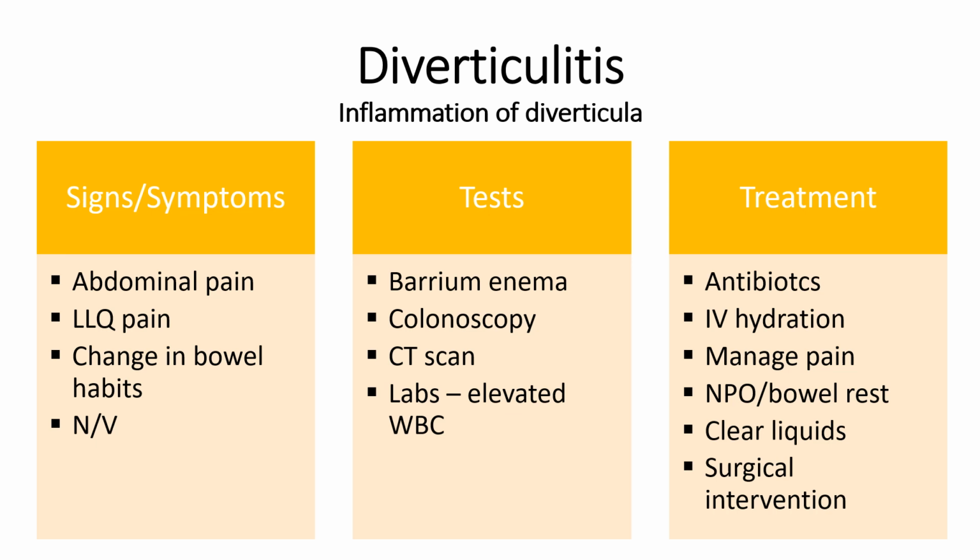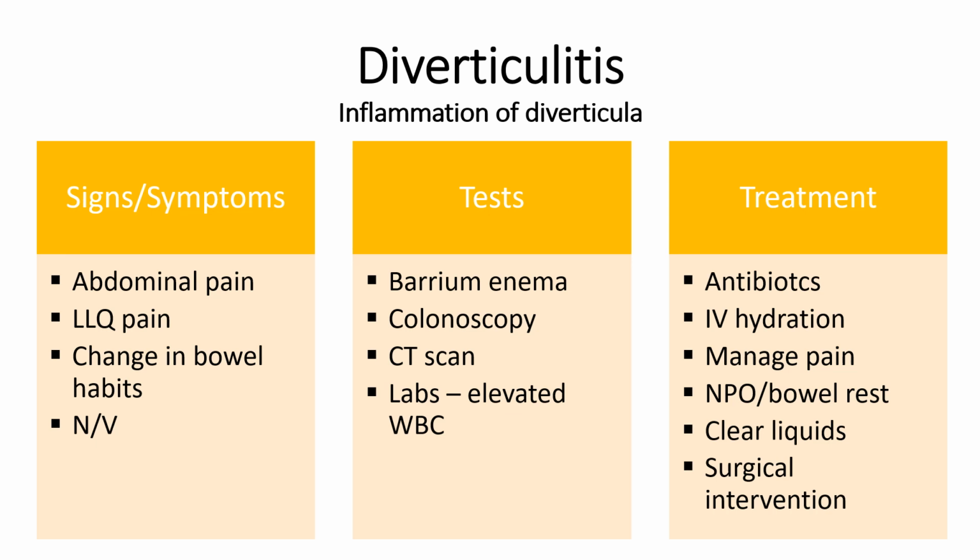The area of the intestinal tract where diverticula most commonly develop is the lower portion of the large intestine. Certain types of undigested food can become trapped in these pouches of the intestine. Bacteria multiply in that area, causing further inflammation. Diverticulitis is the inflammation of at least one diverticula.